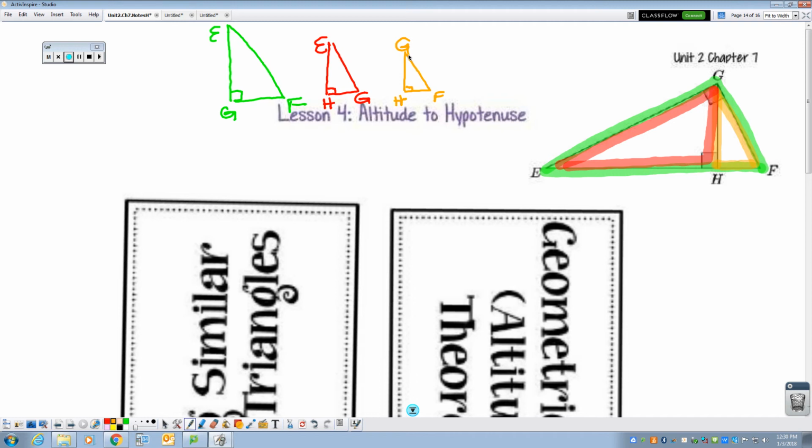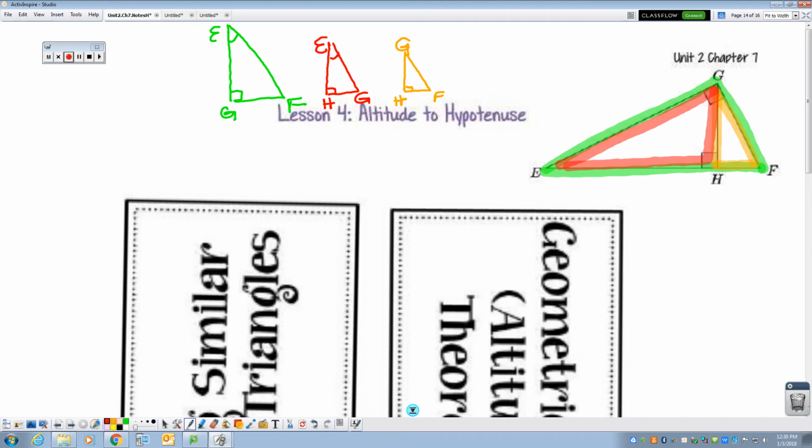Now the reason I know that these triangles are all similar is because the green triangle has angle E. And the red triangle by the reflexive property has this same angle. And so green is similar to red using angle-angle.